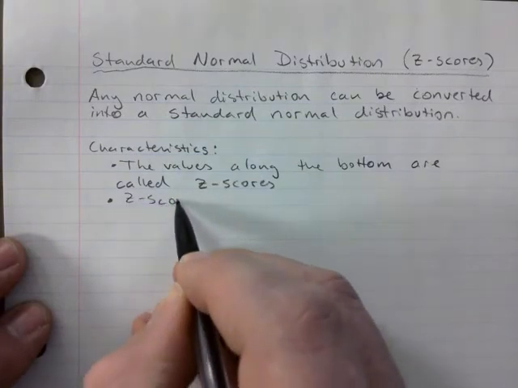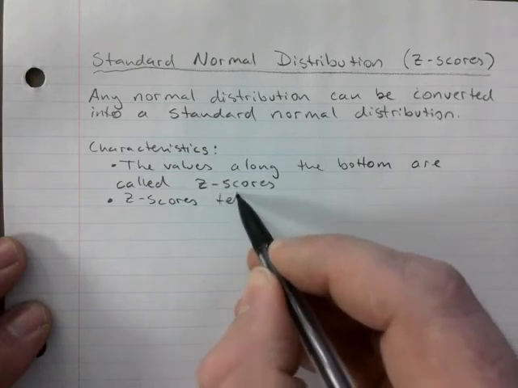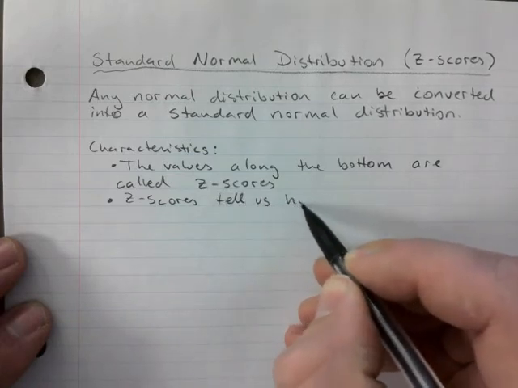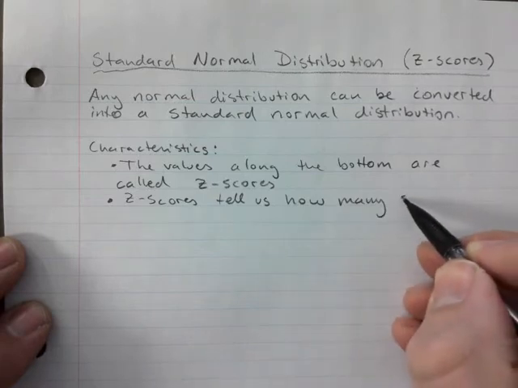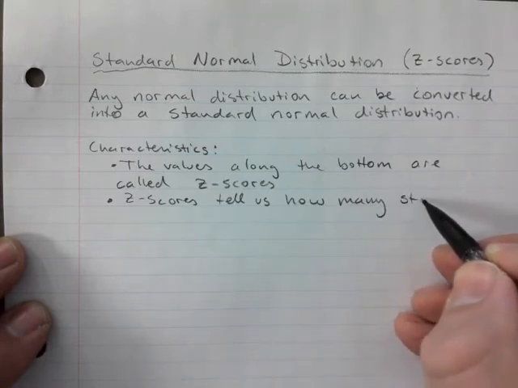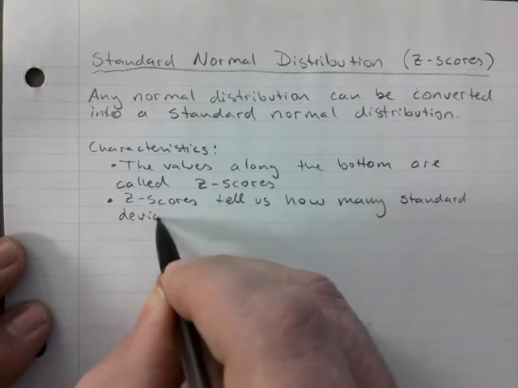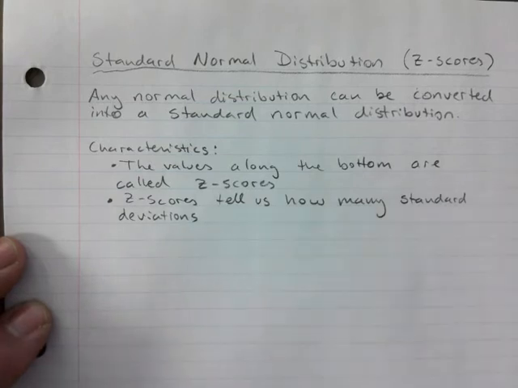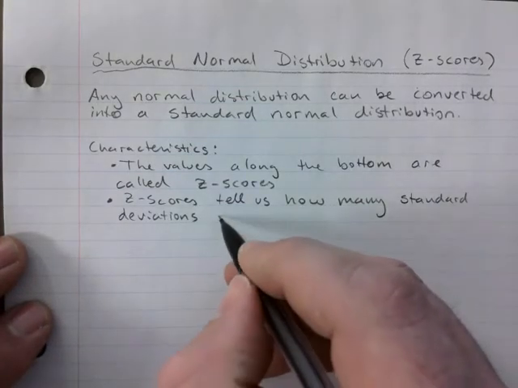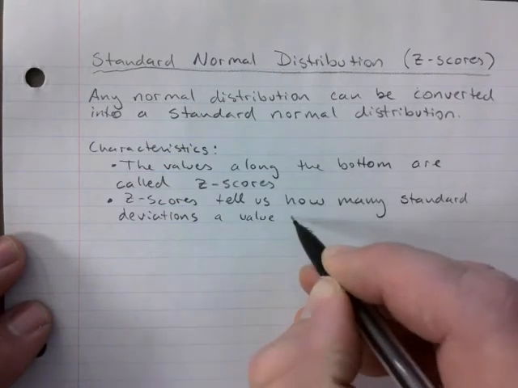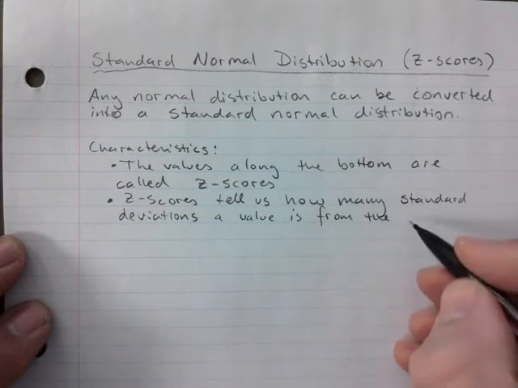Z-scores tell us how many standard deviations a value is from the mean.